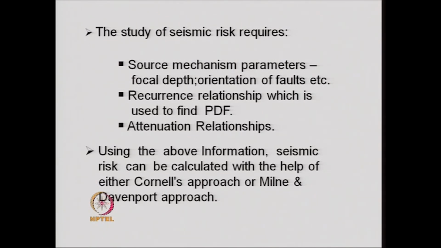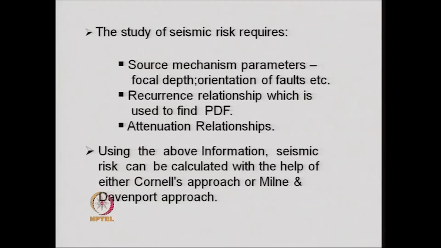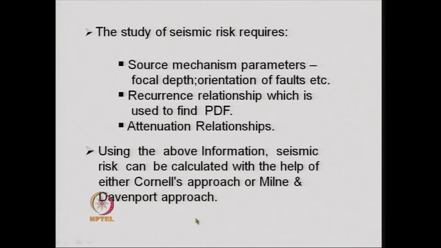Again, we have used this attenuation relationship in connection with PSHA. Now, using this information, one can obtain the seismic risk either using a calculation like probabilistic seismic hazard calculation, or using Cornell's or Milne and Davenport's approach.